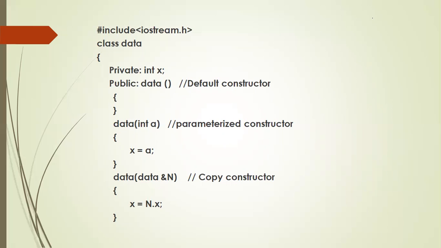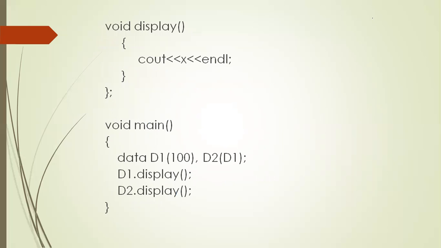Whenever you declare an object, automatically it has a data member called x. So n dot x, the data member of the object you are passing as a parameter, is assigned to x. Now I write one member function called display, void display, which couts the value of x. Close the function, close the class.